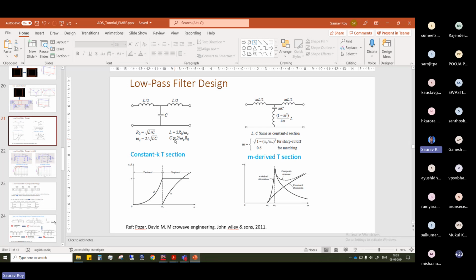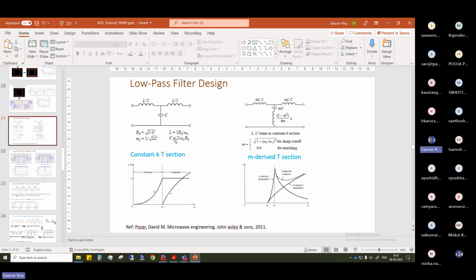These components are not L and C values in picofarad or Henry or nanoHenry. They will give you a normalized value. So from that normalized value, your task is to calculate what the actual L and C should be.